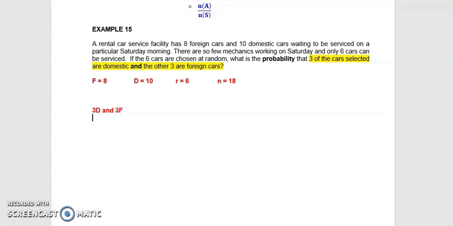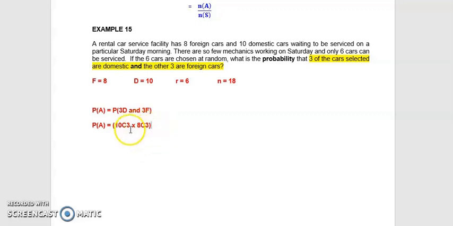Let's say I put here event A, the probability of event A, where we want the probability of 3 domestic cars and 3 foreign cars. So the probability of A is equal to, applying combination nCr, 3 domestic, and for domestic we have 10, so 10C3, multiplied by 3 foreign cars, nCr, 8C3.